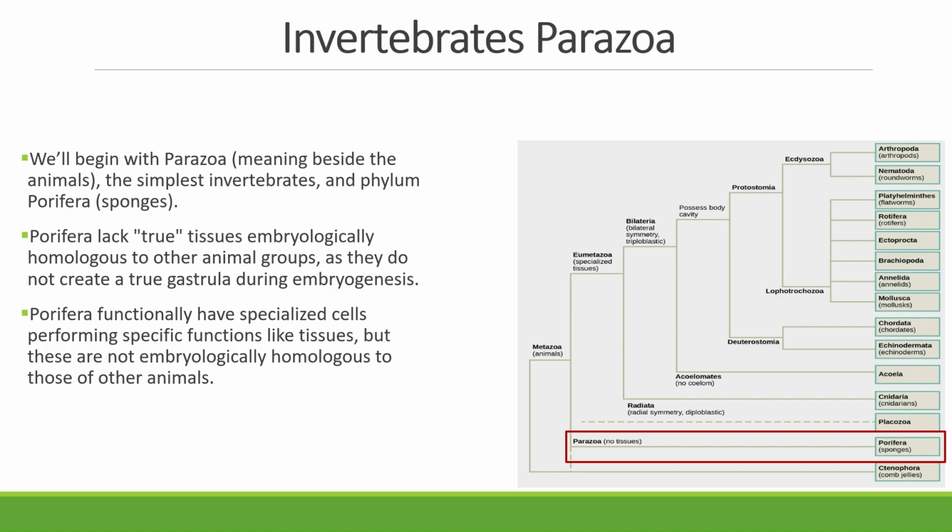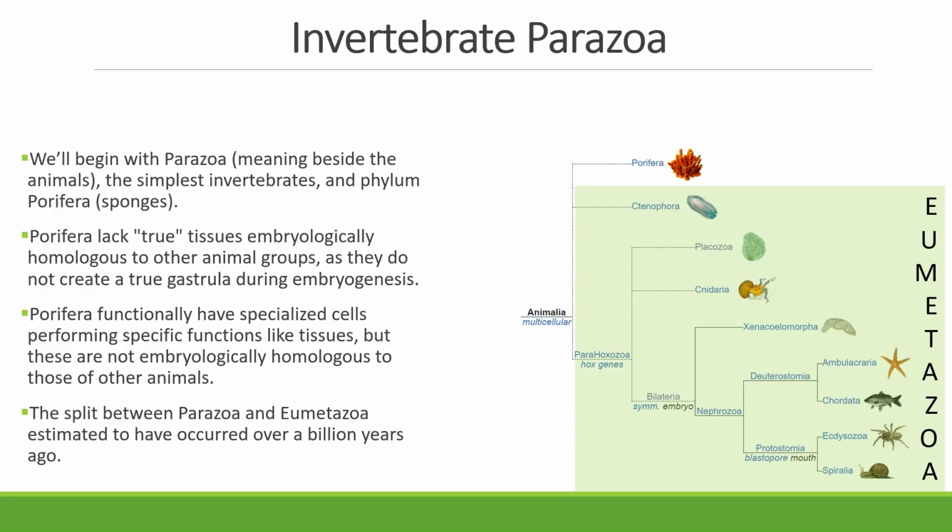This fundamental difference places sponges firmly in the Parazoa branch, separate from what scientists call the eumetazoans, which means well-developed animals. To put this evolutionary split in perspective, scientists estimate that the divergence between Parazoa and Eumetazoa occurred over 1 billion years ago.